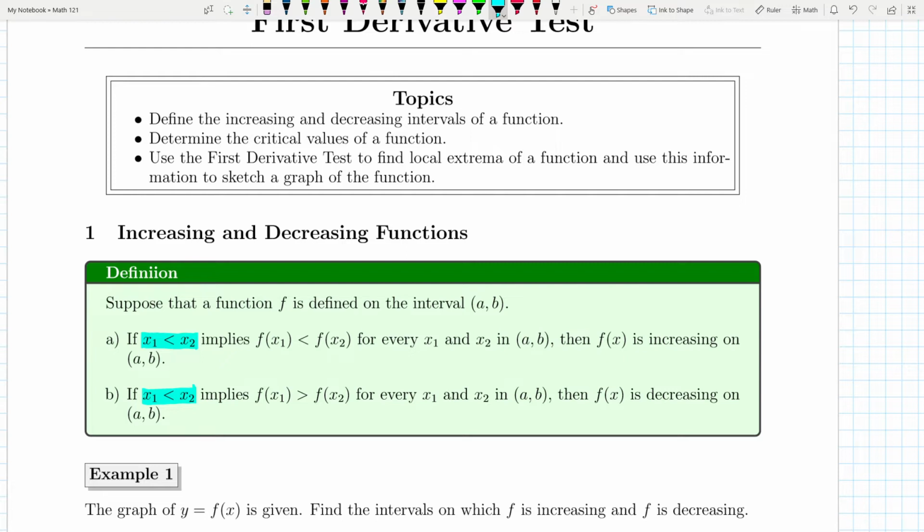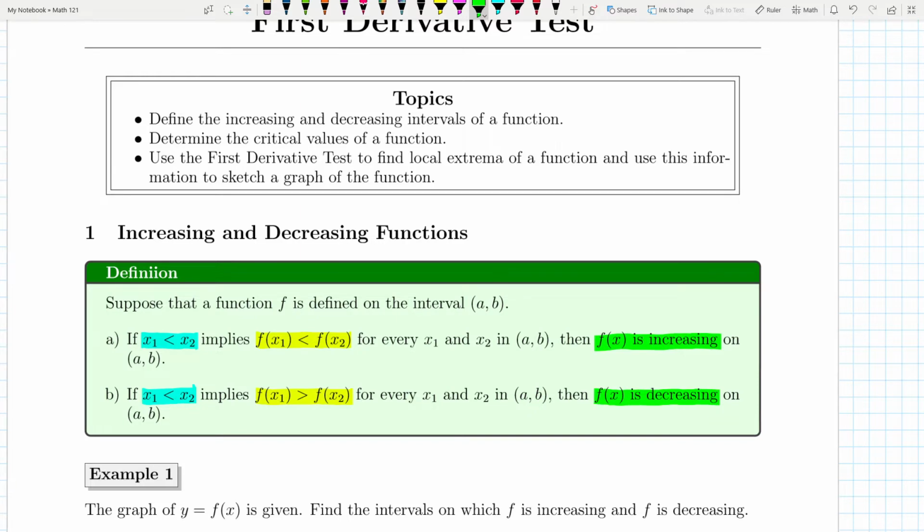If the function evaluated at x1 is less than the function evaluated at x2, then we have an increasing function. But if the function evaluated at x1 is greater than the function evaluated at x2, we have a decreasing function.